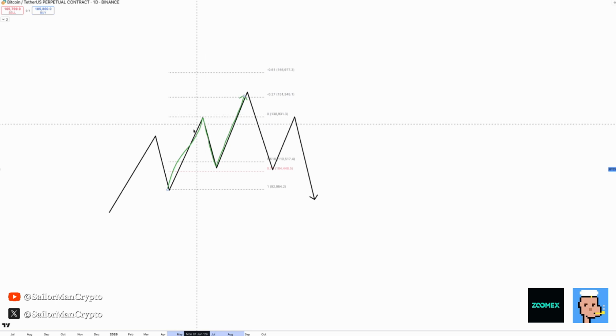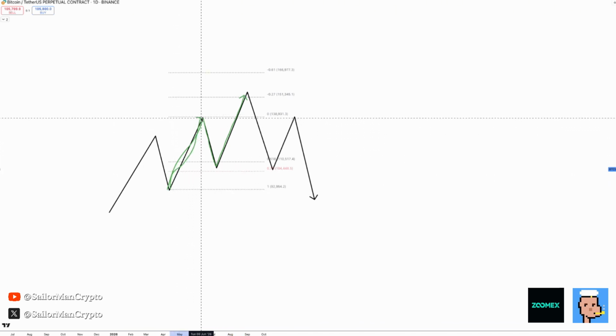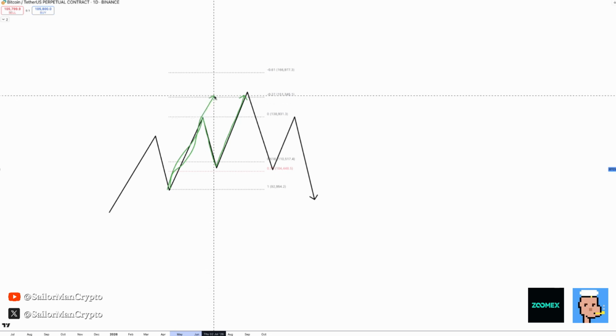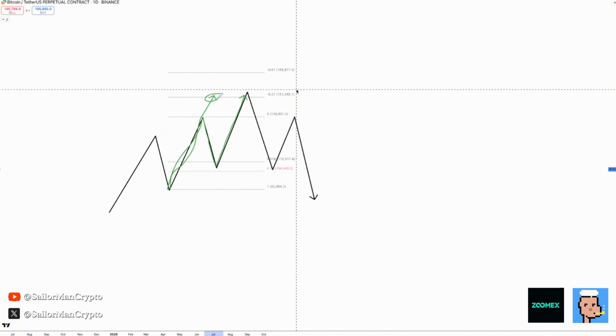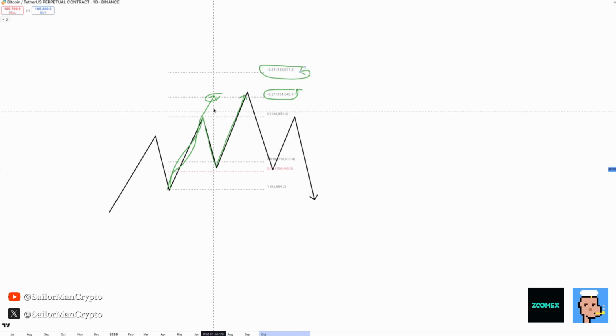What does it mean? That should be 0.27 more of this move, so it should be more or less here. This following wave should be at more or less 0.77 or 0.61. In this case, I calculated in this way, from this level. But in the book you will say 1.27.